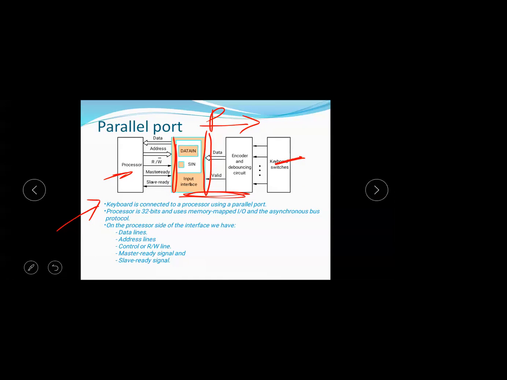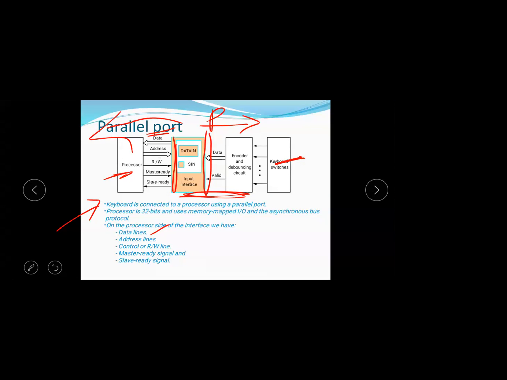On the processor side of the interface, that is the left hand side, it consists of data lines. Data means not only a single arrow from the interface to the processor; there are a number of lines depending on the data lines in the input device, 8 lines or 16 lines.